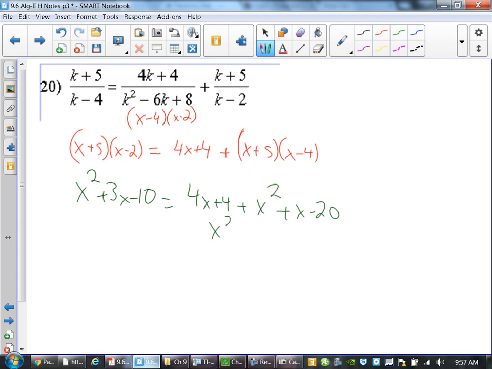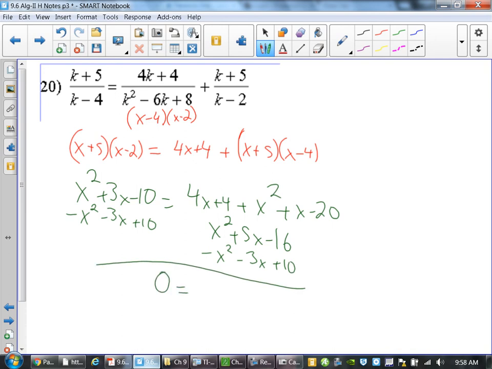That's x squared 5x minus 16, I believe. I'm going to take everything from the left and move it to the right. What's x? 3.